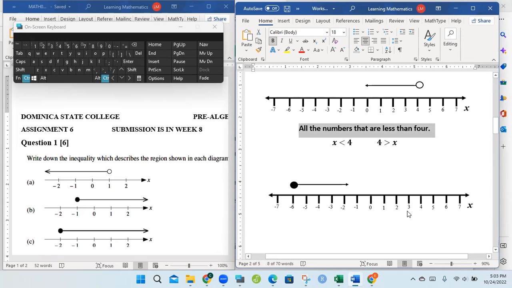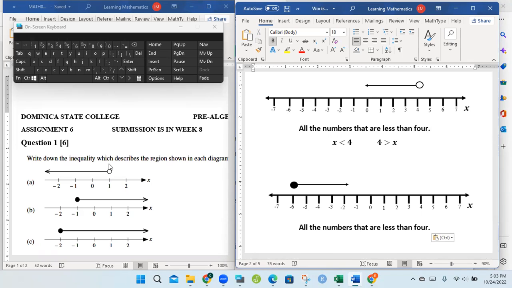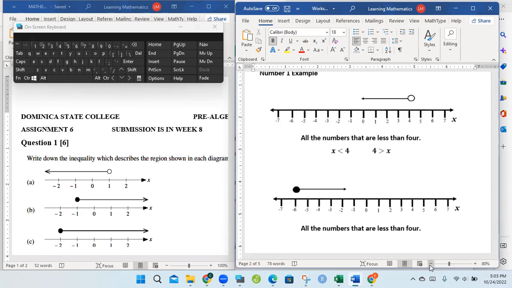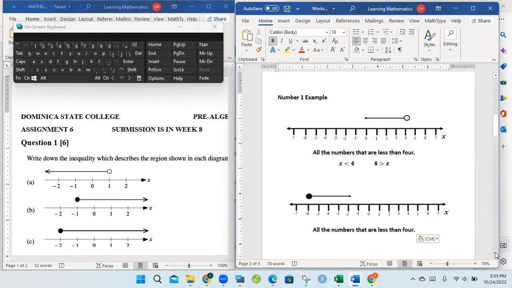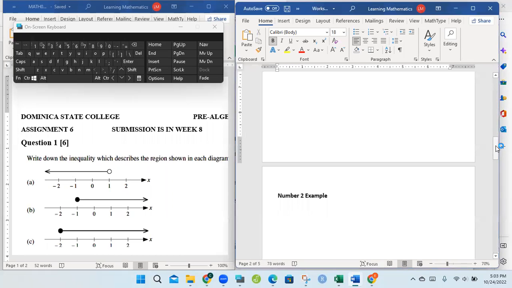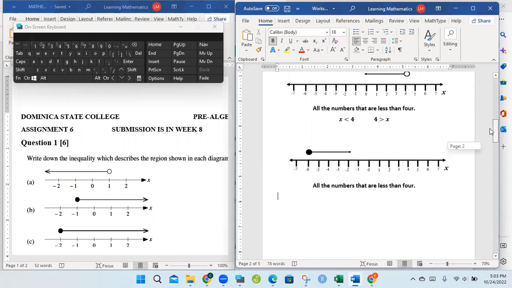So we're going to write it in words. I would encourage you to do that, even though the question does not say to write it in words, it just says write down the inequality. It means this statement. But I would encourage you to write it down in words, it gives you more control, be more deliberate in what you are doing.